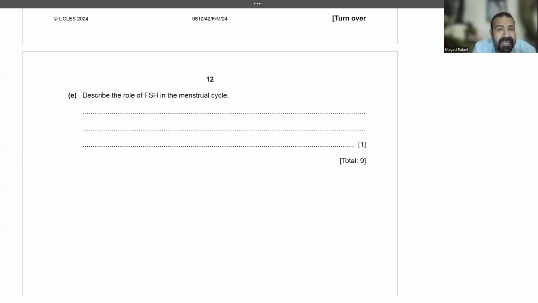FSH, the first hormone from the name, stimulates maturation of the follicle. It also stimulates releasing of estrogen, or estrogen secretion from the ovary. Remember the cycle we did in class: it starts from FSH, then estrogen increases and builds up the uterine lining and reaches the peak. Then we stop FSH and secrete LH for ovulation or rupture of the follicle. And finally the corpus luteum secretes the progesterone.